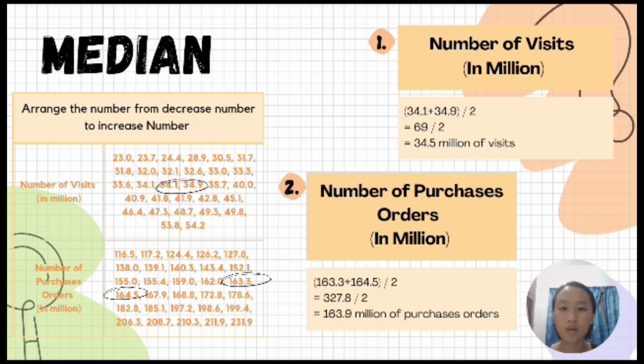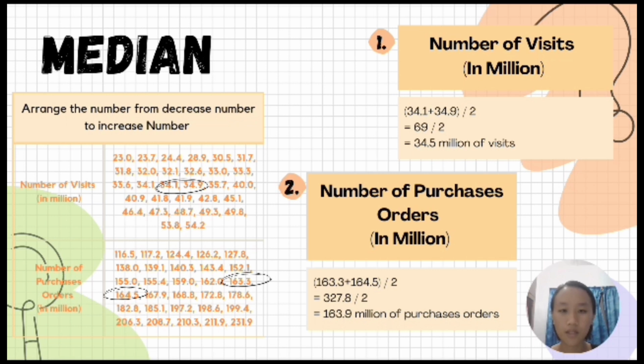For this data, I already arranged all the numbers from the data from the smallest to the largest for each website metric, traffic and conversion.